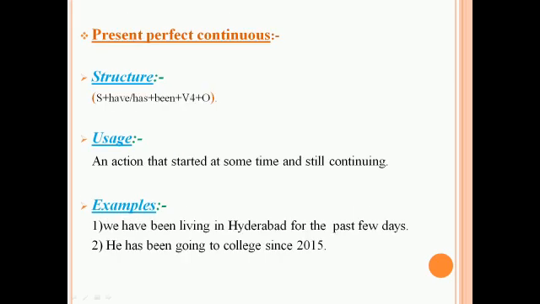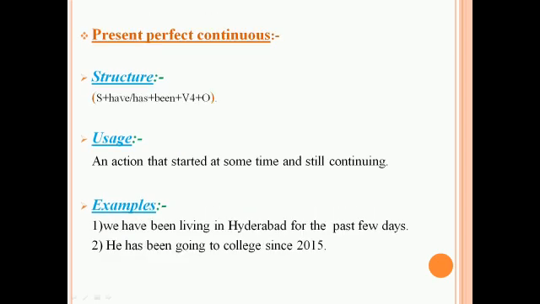Structure of present perfect continuous tense is subject plus has or have plus been plus V4 plus object. Here we have to write been plus V4 plus object. Continuous means always the verb should be in V1 plus ing form.